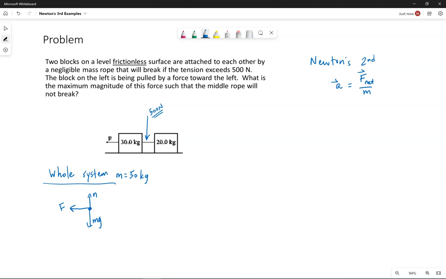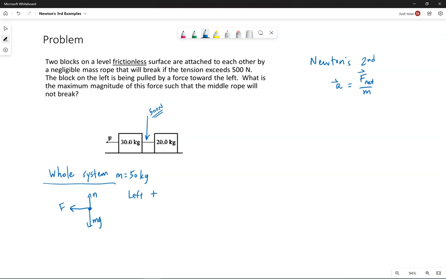But looking here, I'm going to call to the left positive, because I know if this force is pulling to the left, the whole system will accelerate towards the left.